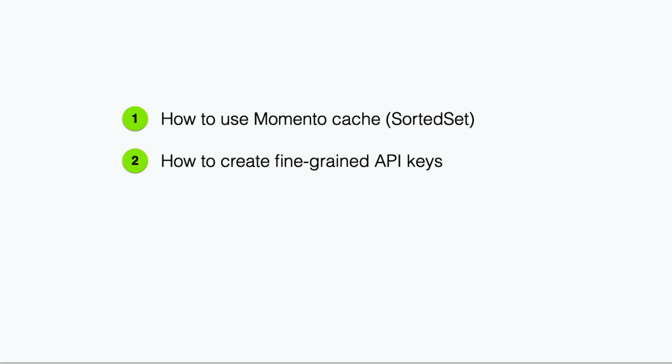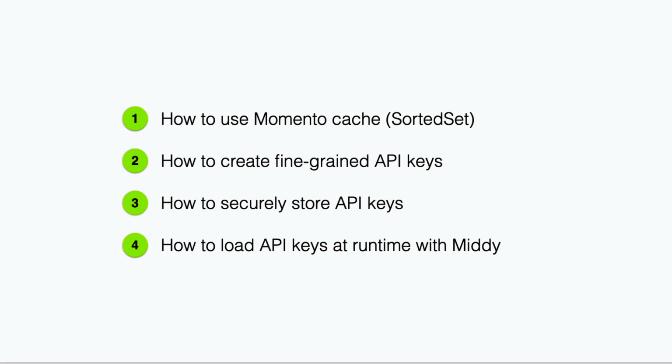We talked about how to rotate them and how to store them somewhere safe, like SSM Parameter Store or Secrets Manager, where we can use KMS to make sure they are encrypted at rest. And why, instead of putting them in plain text in environment variables, we should load them at runtime using something like Middy and its SSM middleware.